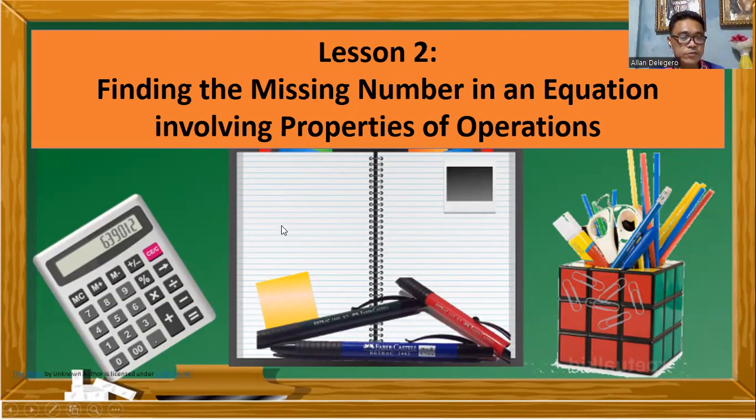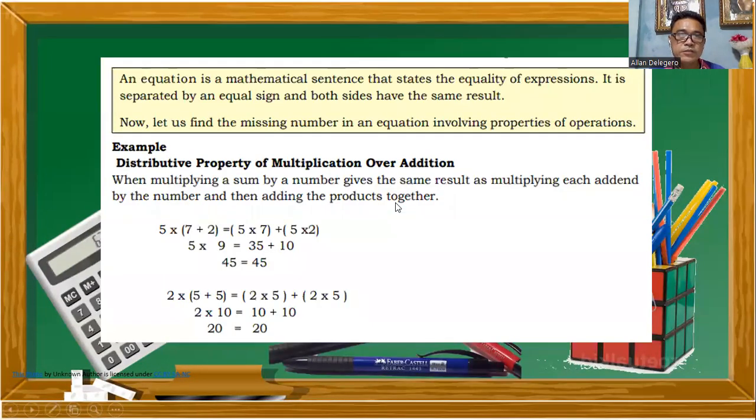Now for lesson 2, finding the missing number in an equation involving properties of operations. An equation is a mathematical sentence that states the equality of expressions. It is separated by an equal sign and both sides have the same result.